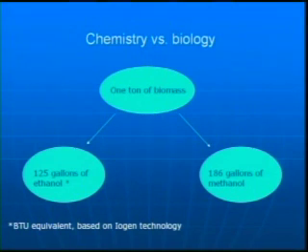Interestingly enough, a lot of people are talking about the conversion of biomass into ethanol. Nobody's talking about conversion of biomass into methanol yet. When we do the conversion, you see that 1 ton of biomass will yield almost 50% more methanol as a fuel than ethanol.